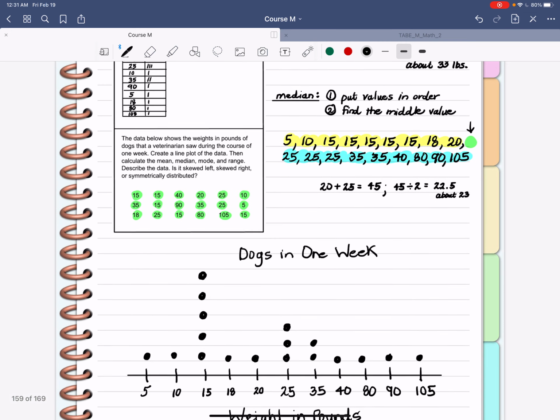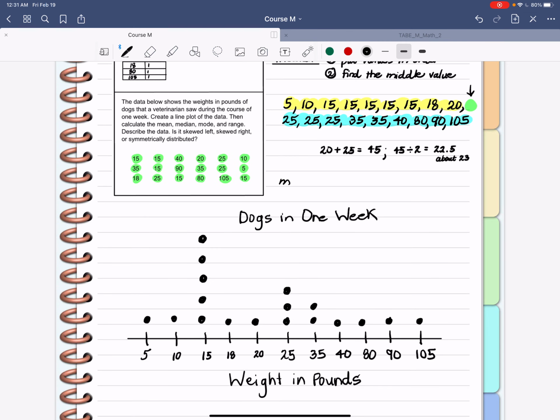Okay, the mode is the number that you see most frequently. You can look at your frequency table.